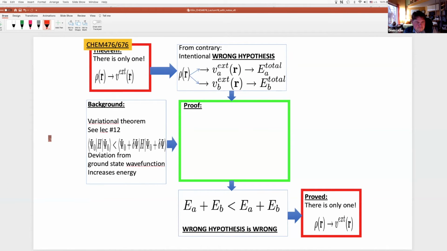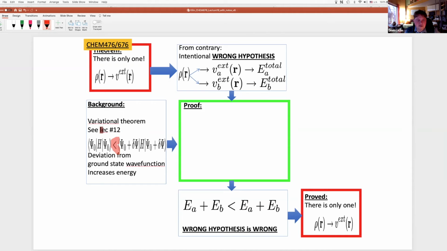That if one already knows the absolutely correct ground state wave function and the absolutely correct minimal total energy of the ground state, then any variation of the wave function will increase the energy, right?